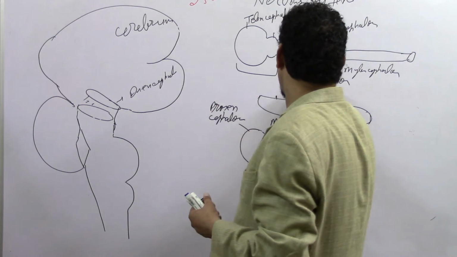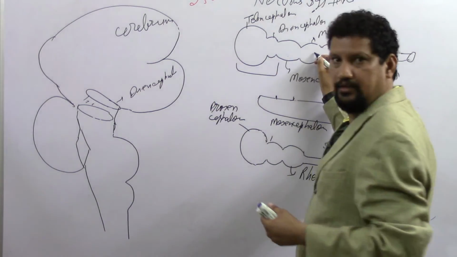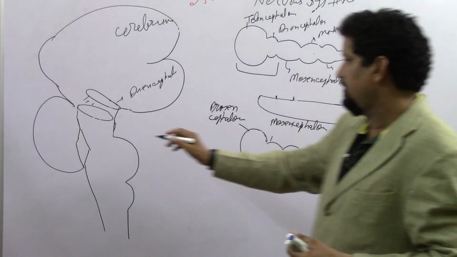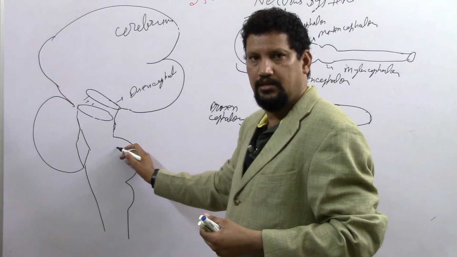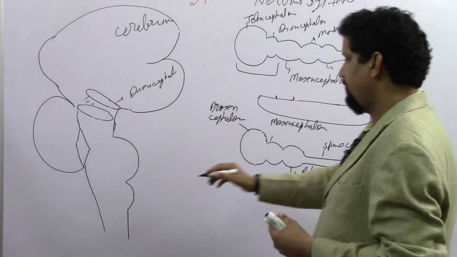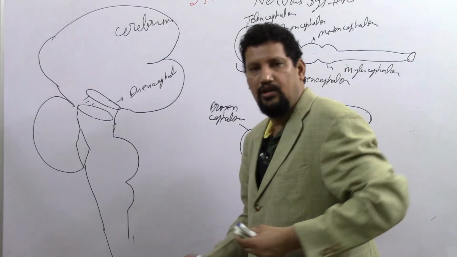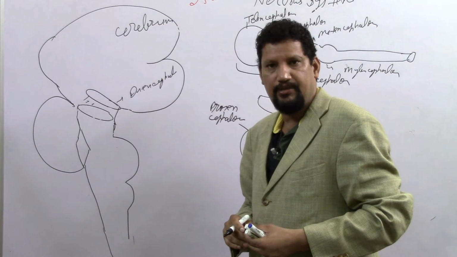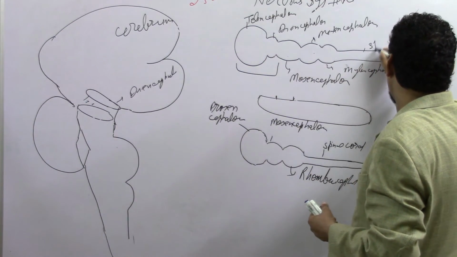The mesencephalon will form the midbrain. The metencephalon will form the cerebellum and the pons, and the myelencephalon will form the medulla, and the remaining lower part of almost the same diameter, the cylindrical part, is known as the spinal cord. This is the spinal cord part.